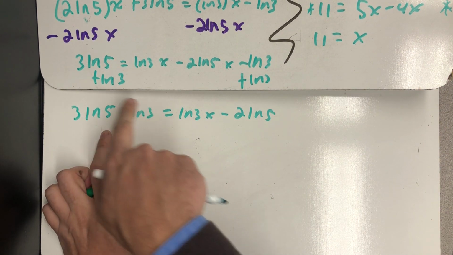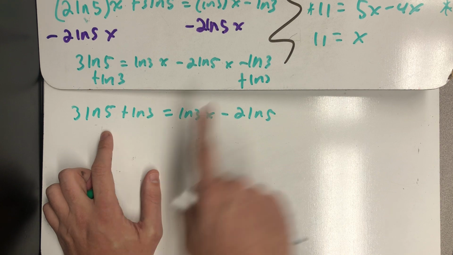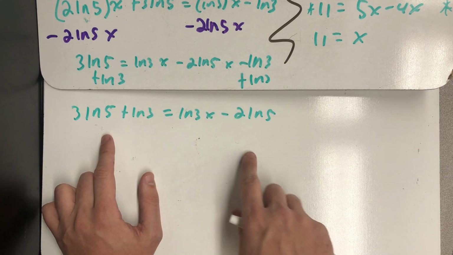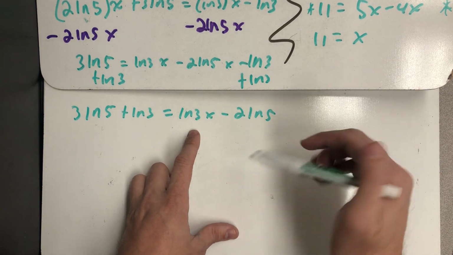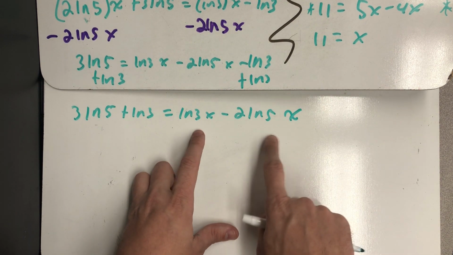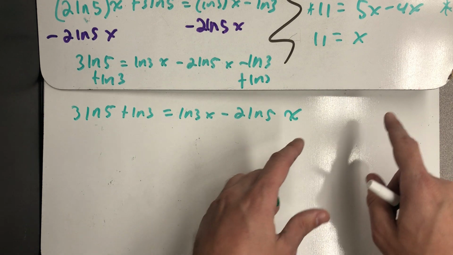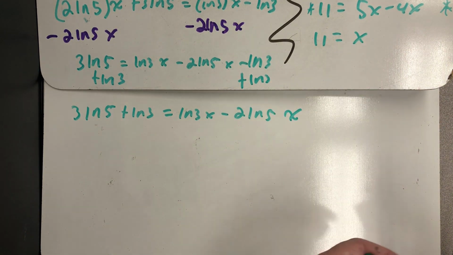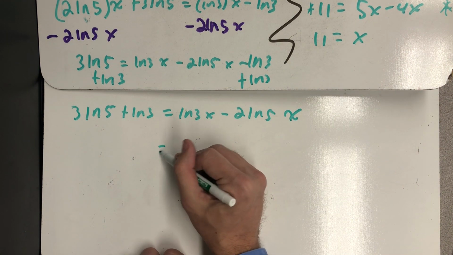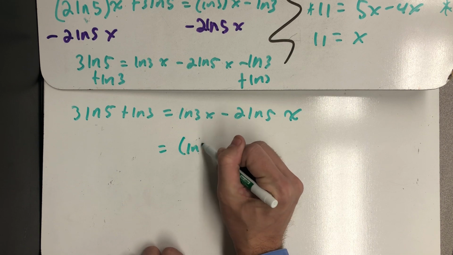Because as ugly as this looks, it's just a number. It's not the number 11, but it is just a number. And now I have 2 things with an x in them that I need to combine, like terms. Well, 5 minus 4 is 1x. What I can do here is factor out an x.